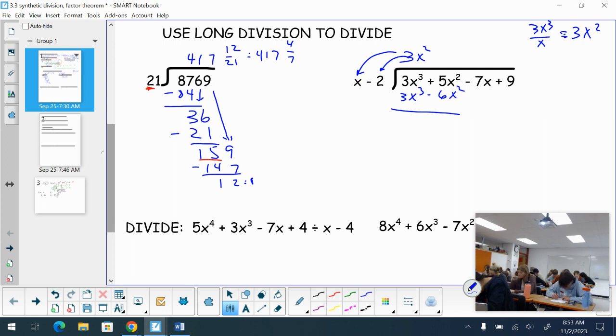What's our next step? What do we get down here? Grayson, what do you get? 11x squared. Sure it's not 1x squared? Did anybody get negative x squared?